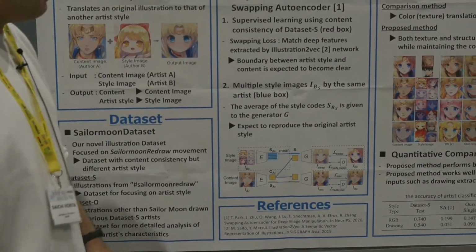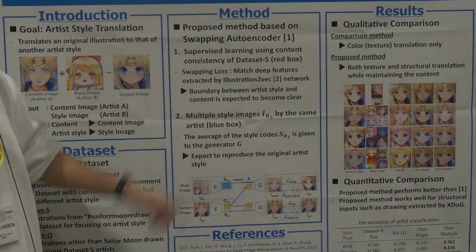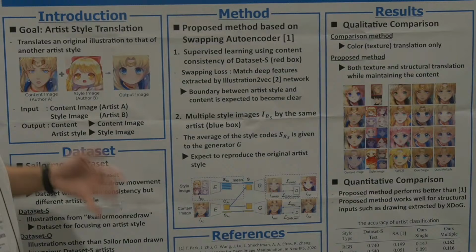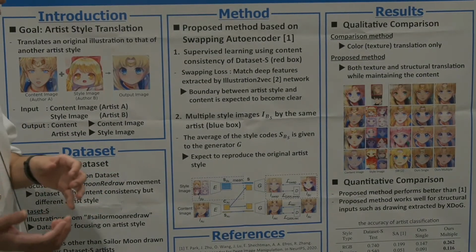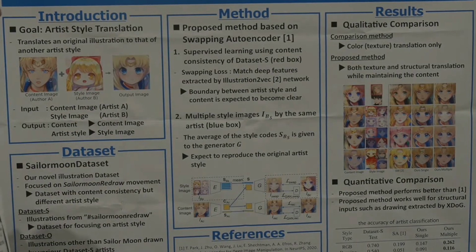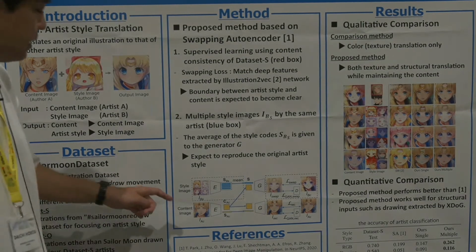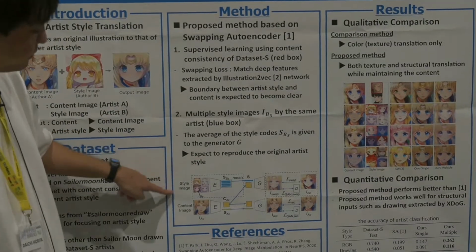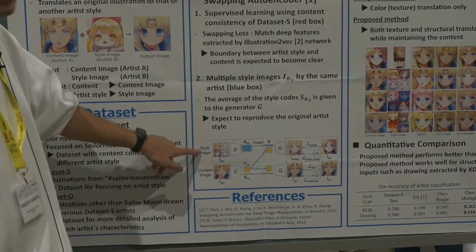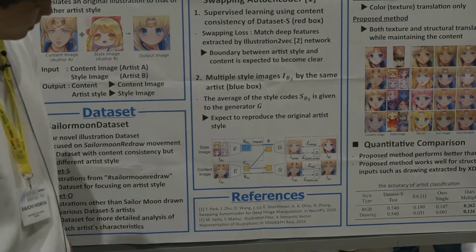Let me introduce our method. Our method is based on swapping autoencoder, a method to achieve image-to-image translation with a reference, I mean style images. The difference is in how we give the style images, which differs from the original swapping autoencoder.